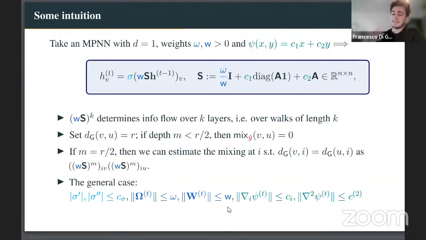And in fact, there are many approaches to even make such bounds smaller because we want to regularize the networks and keep the weight matrices small to prevent overfitting. And then finally, for the same reason, we also take the gradients of the message function to be bounded, both the Jacobian and the Hessian, because we want to take second order derivatives, because of course we want to estimate the mixing, and the mixing was defined in terms of second order derivatives.